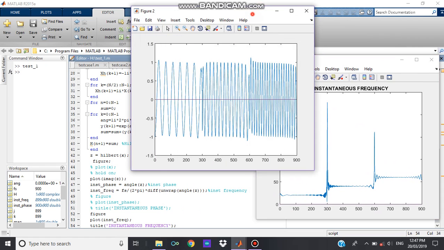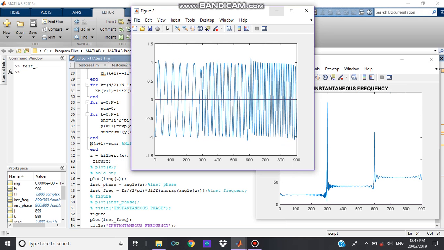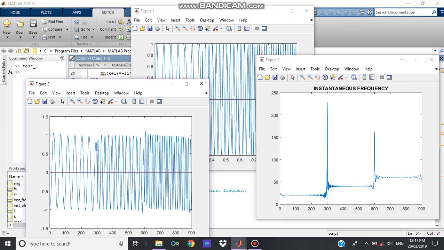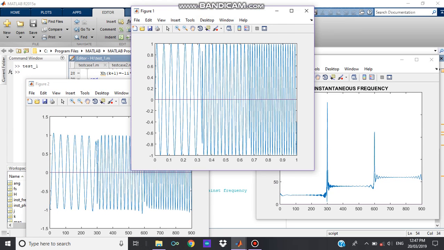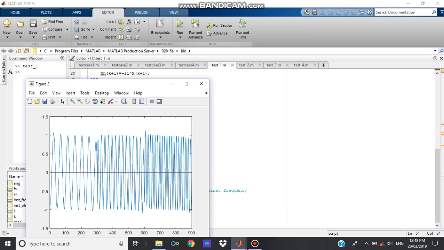This is the signal obtained in the imaginary part of the Hilbert transform, and our initial frequency modulated signal is this one. See, you can see 20 Hz, 40 and 60. The variation can be observed clearly. So this is how we calculate instantaneous frequency from an FM signal and how to make an FM signal.